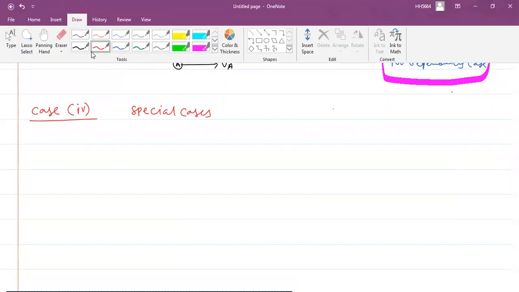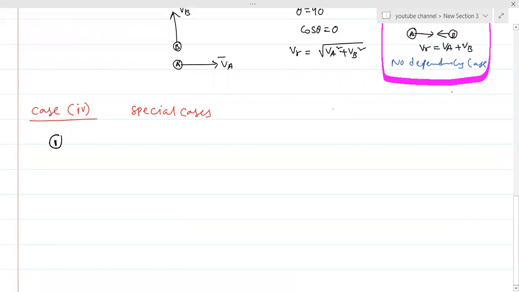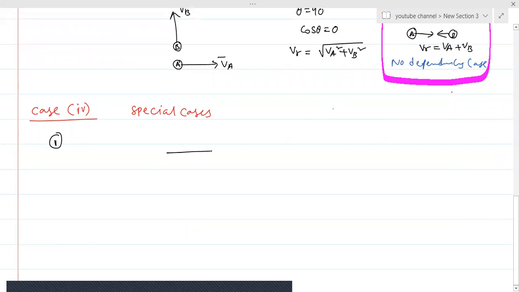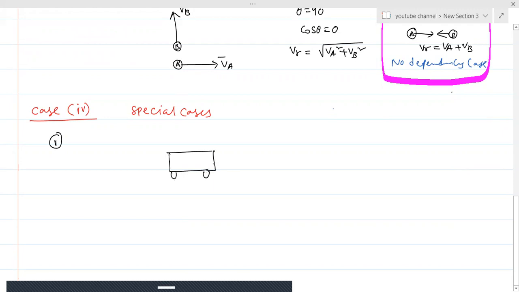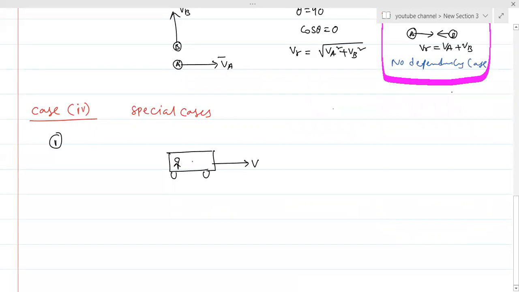So in that one, we are taking the first one. Suppose we have a train moving with a speed v with respect to the ground, and a man is running inside the train with a velocity u with respect to the train.